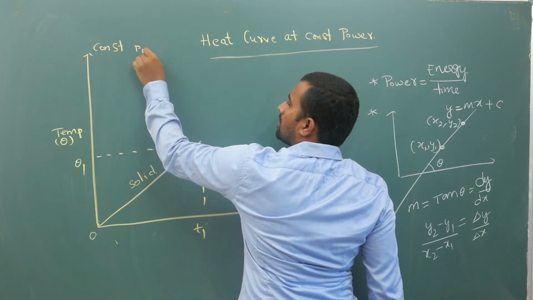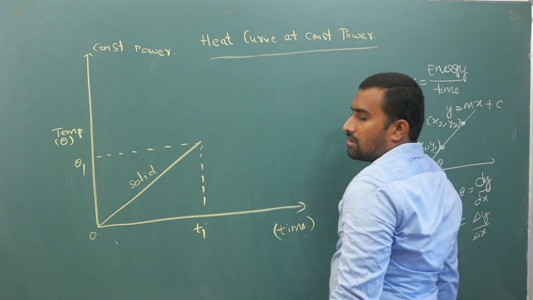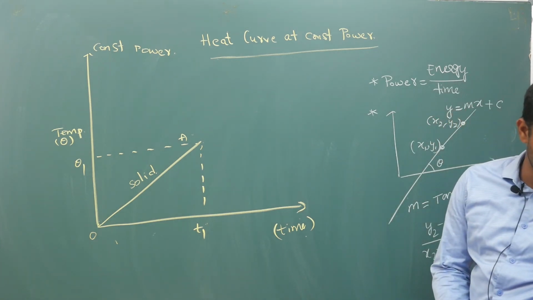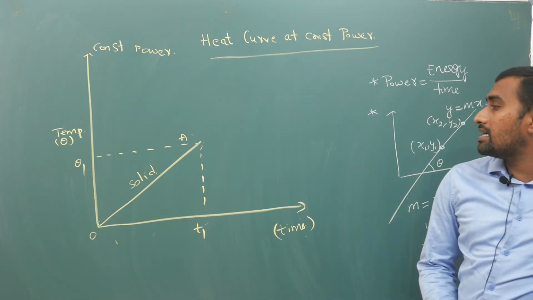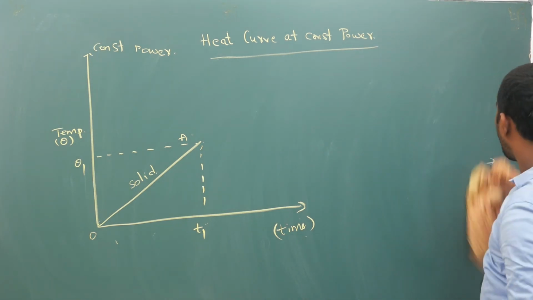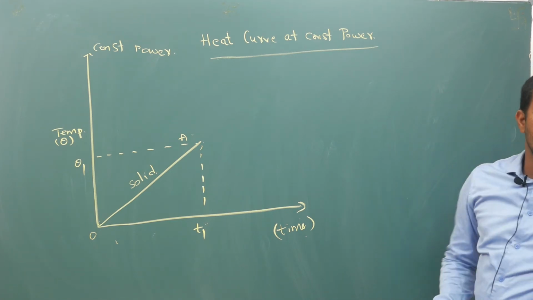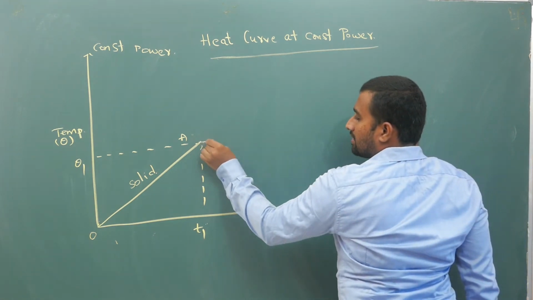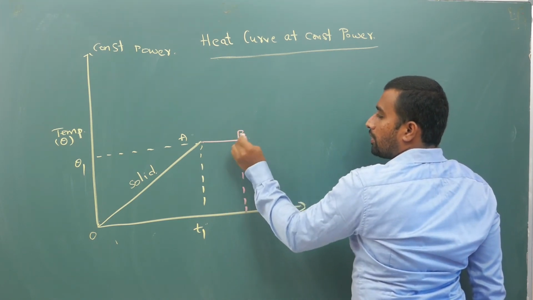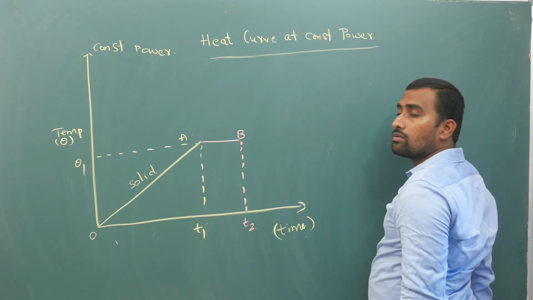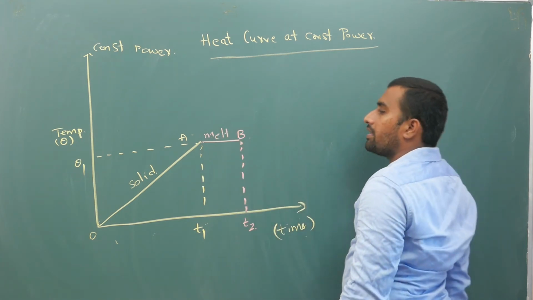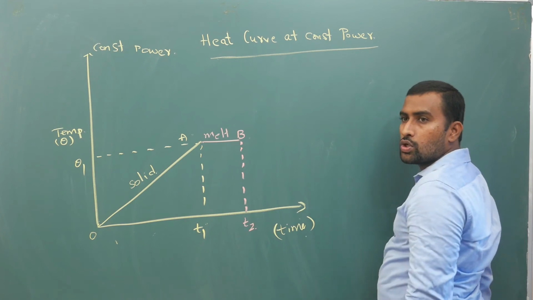Let us say this is some point A. Till point A its temperature is observed to be increasing linearly. Now I need space, I will erase this part. From O to A, this is the situation. Now once it reaches the solid state, till some point B, time t2, this solid will melt. So it melts and gets converted into liquid.